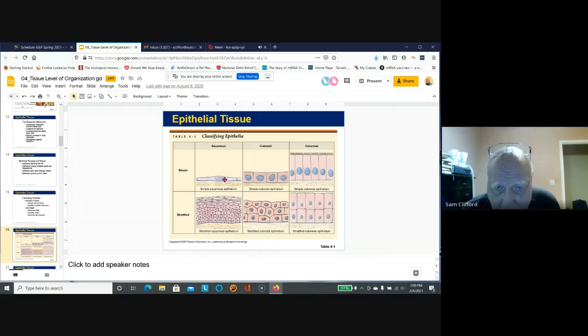This is found lining your cheeks, and the membranes that surround your gut, your lungs, and your heart. If you have stratified squamous, this is your skin, and there'll be differences in whether this is waterproofed or not. Your skin is waterproofed. Stratified cuboidal, we're not going to worry about much. So you should know about simple squamous, simple cuboidal, simple columnar, and stratified squamous.